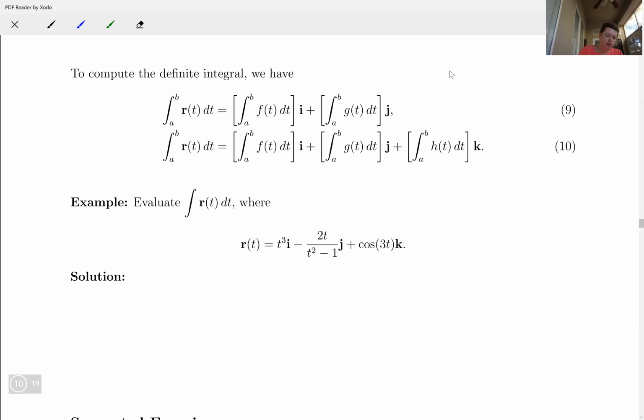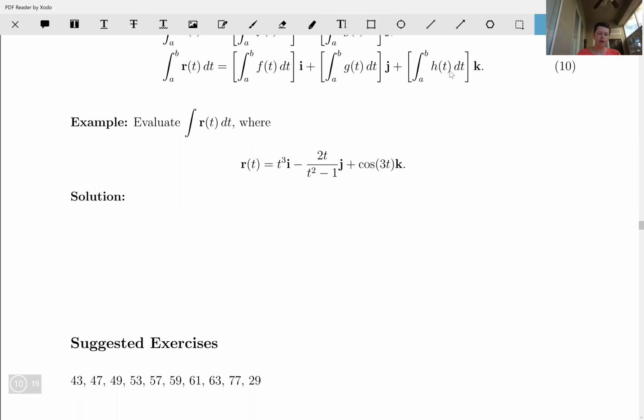And so I would like to just do an example. Let's evaluate the integral of r of t dt, where r of t is the vector valued function given here.